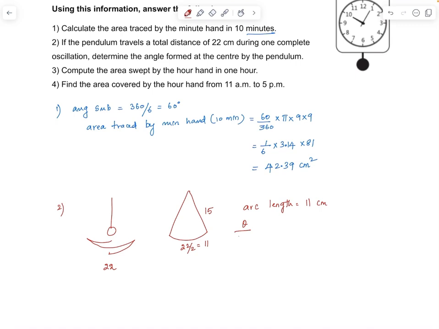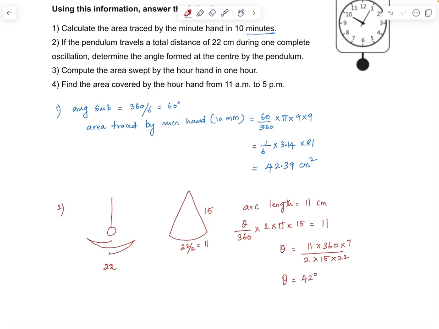That is theta upon 360 times 2 into pi into r, which is 15, is equal to 11. Theta is equal to 11 into 360 upon 2 into 15 into 22, and 7 goes on the numerator. On simplifying, we get theta as 42 degrees.